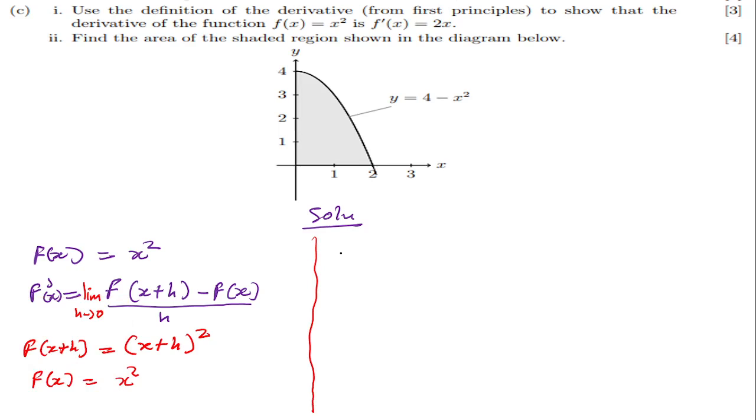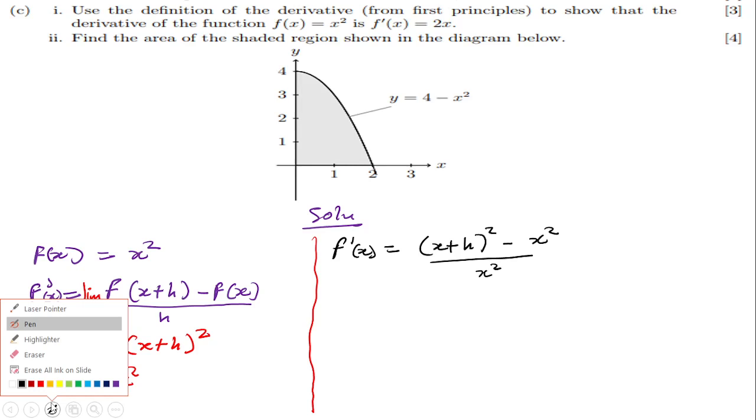So you are now going to say f prime of x, which is dy dx. Where there is f of x plus h, you are going to replace it with x plus h squared. There is a mark here, minus f of x, which is x squared, and then over h.